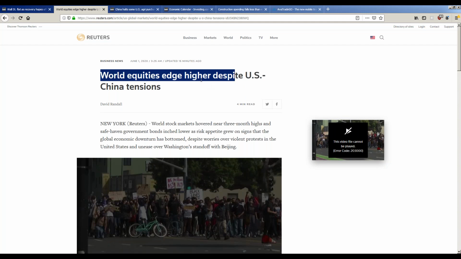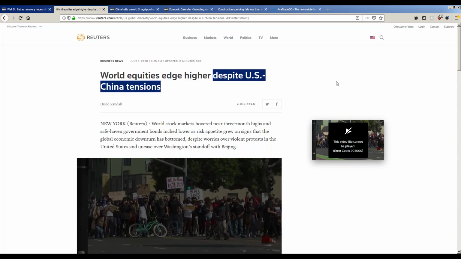So world equities edge higher despite US-China tensions. We know there were tensions with the riots and the protests in the US, and some of those protests actually carried over to the UK and other places around the world, amazingly, in response to what's going on in the US. But also there are some tensions between US and China.